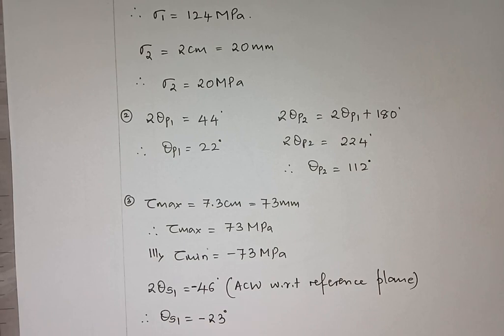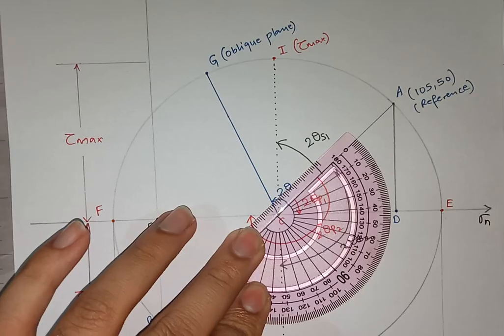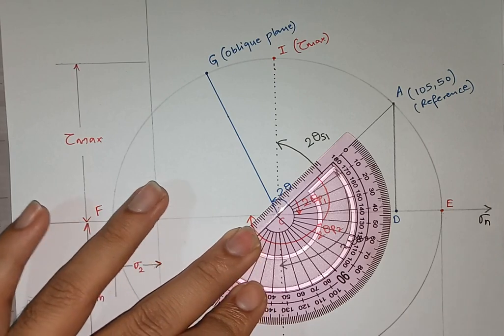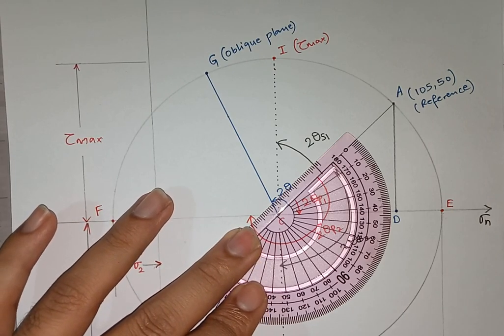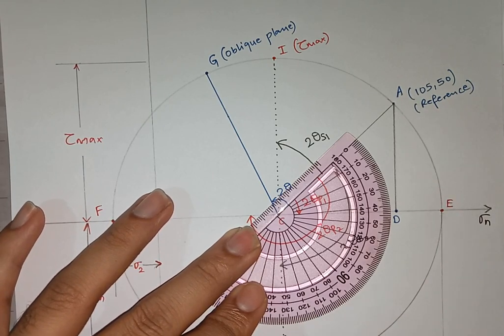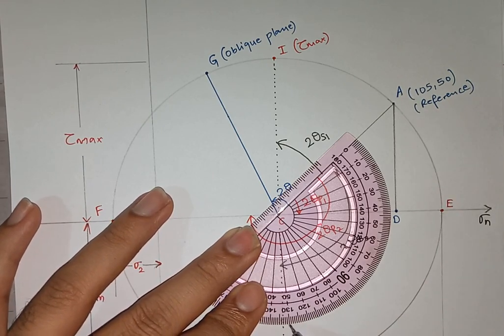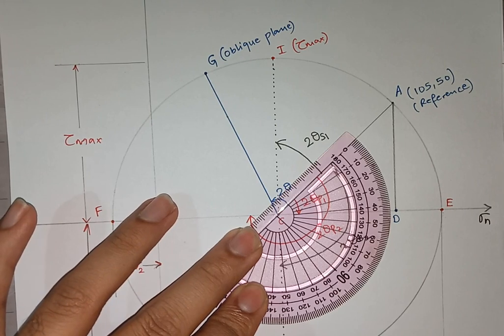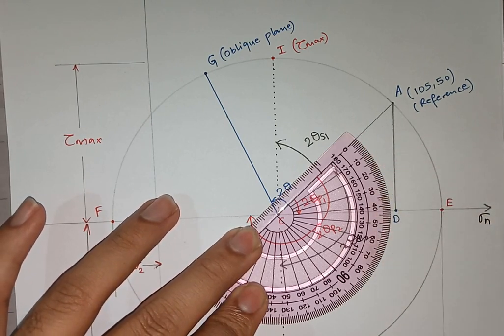Now let me check out what is the value of theta s2. So for that I need to know what is 2 theta s2. So let me measure this. If I measure tau minimum for getting 2 theta s2 with respect to this A, I am getting 134 degrees, and it is positive because it is in clockwise direction.